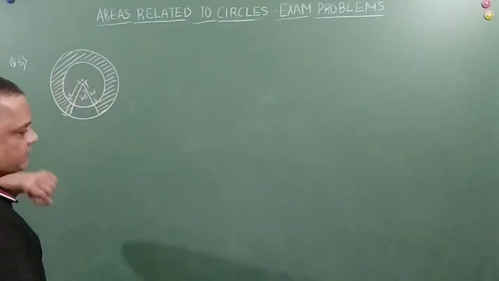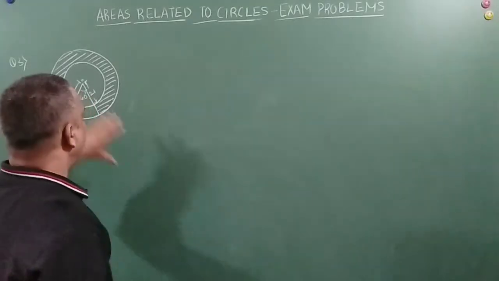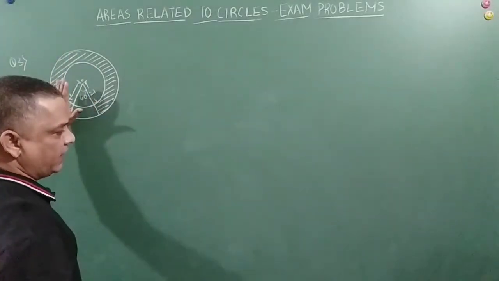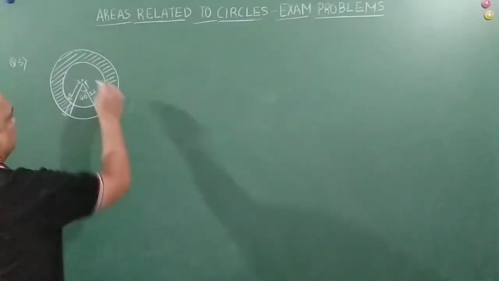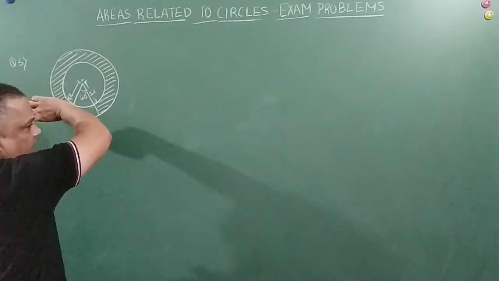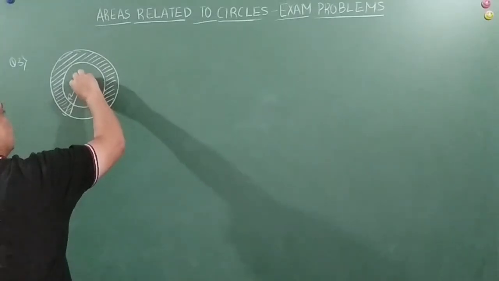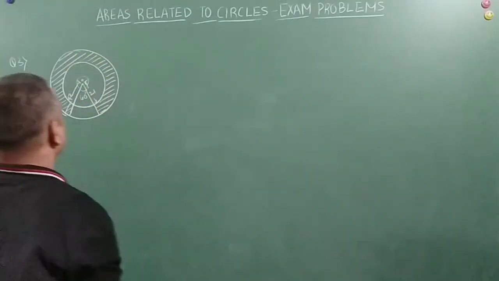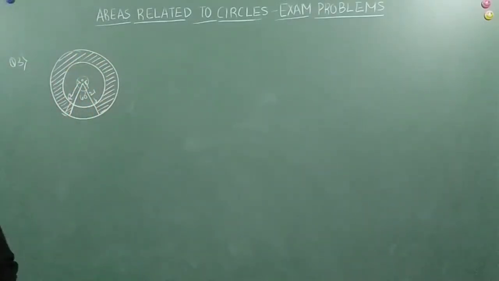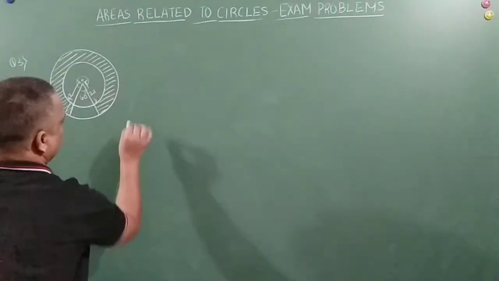So in other words, what we can say friends, is that the area of the complete ring with this sector 300 degrees, right? So I'll tell you how it is.